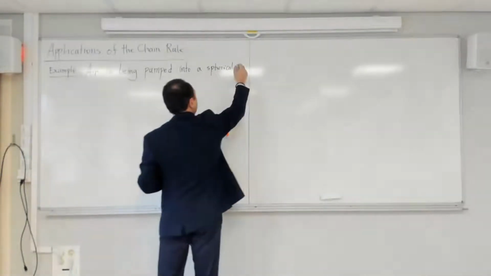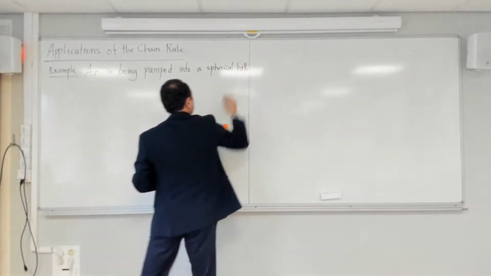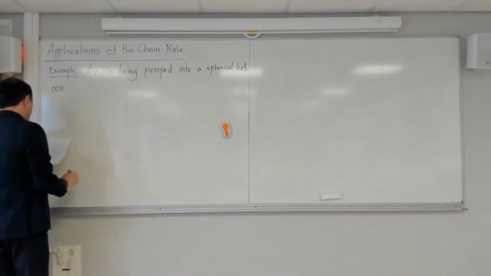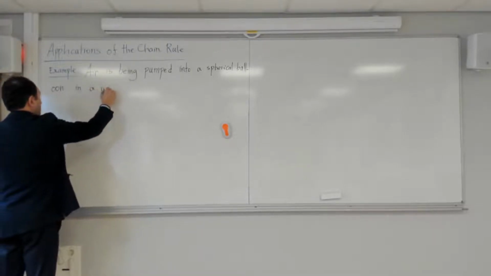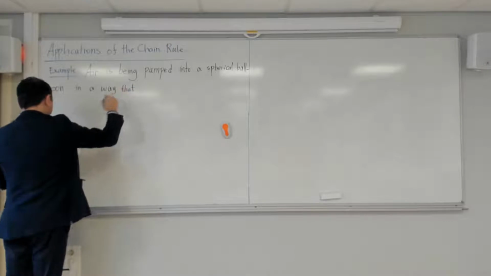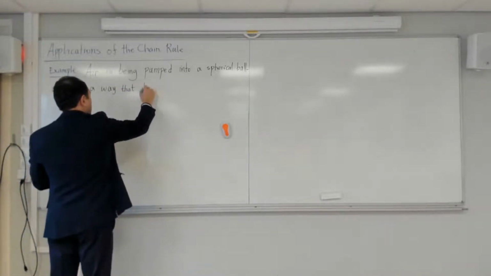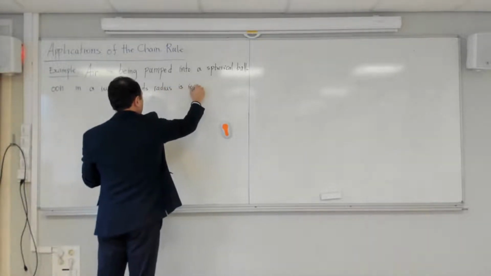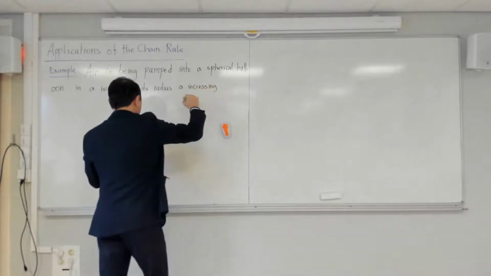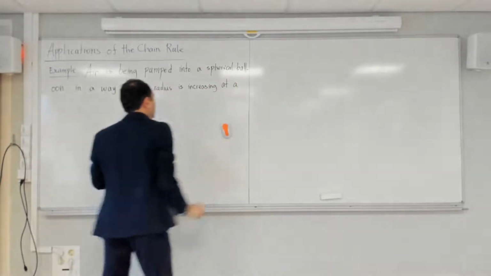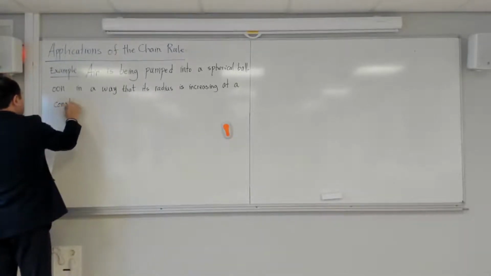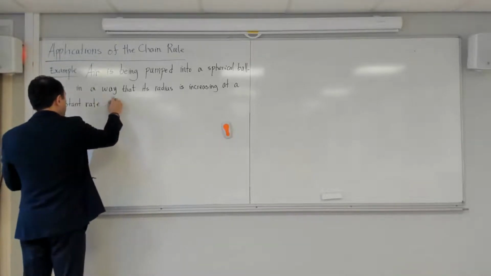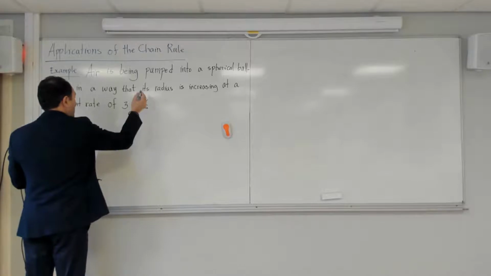So a spherical balloon in a way that its radius is increasing at a constant rate of 3 centimeters per second.